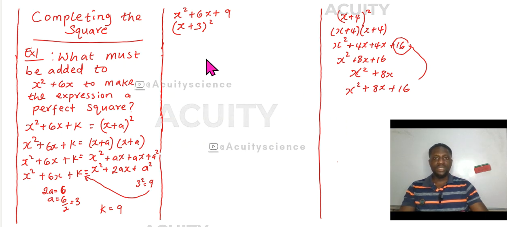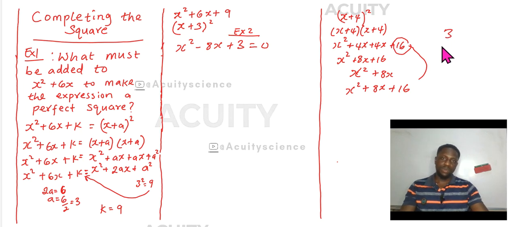All right, so how does this help us to solve quadratic equations that cannot be factorized? Okay, let's take this example. x squared minus 8x plus 3 equals 0. Let's call this example 2. Now, this particular one cannot be factorized because if you multiply 3 by 1, you get 3.